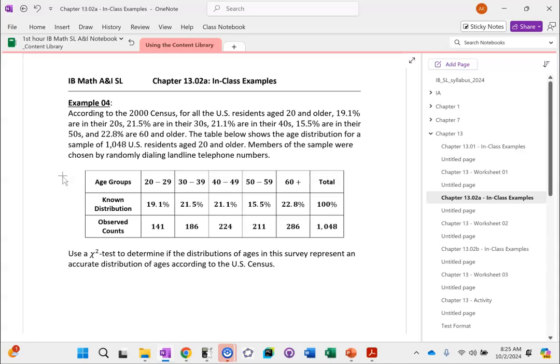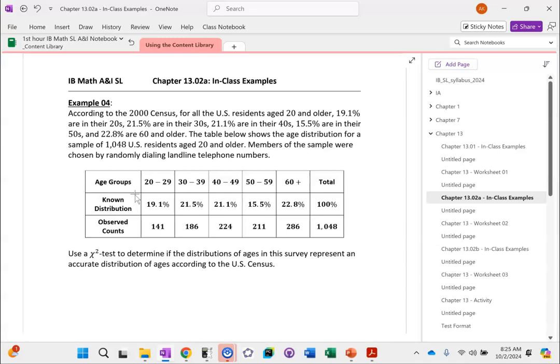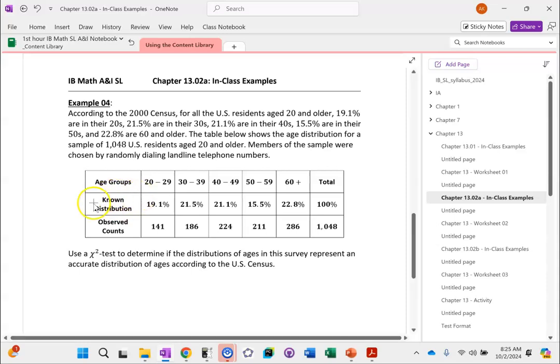I would just say that the age distribution of U.S. residents 20 and up matches the known distribution. Or the known distribution for U.S. residents age 20 and up is correct. And the alternative is that it doesn't match or it's not correct, right?